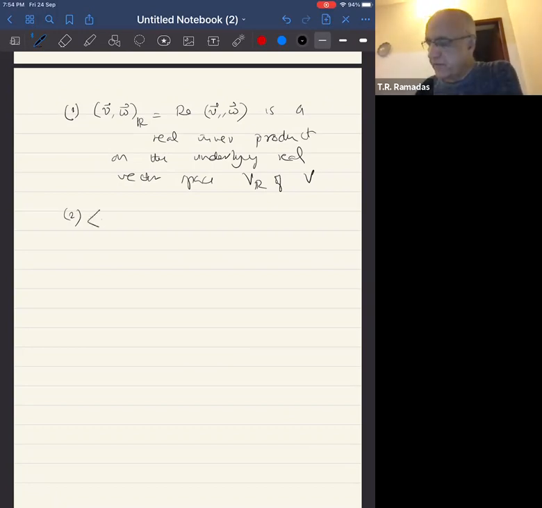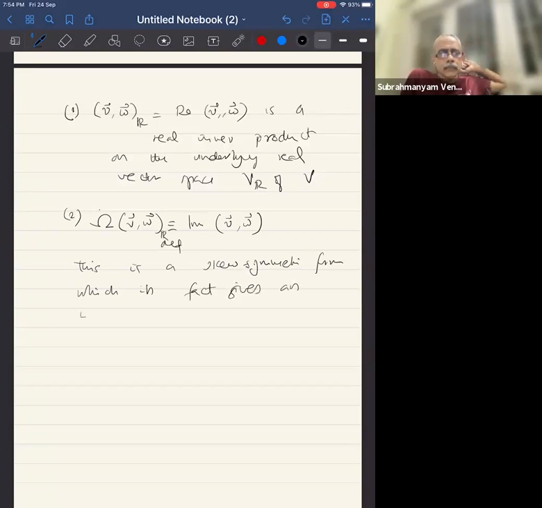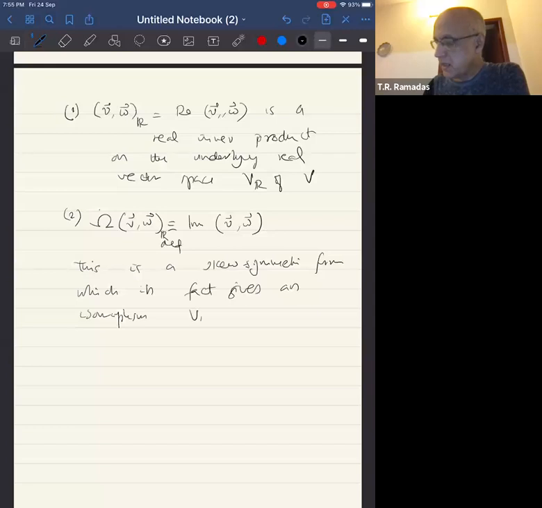If you take omega(v, w) to be the imaginary part of (v, w), this is a skew symmetric form, which in fact gives an isomorphism from V_R to V_R dual by that procedure, going from a bilinear form to a map to the dual. This map is actually an isomorphism.